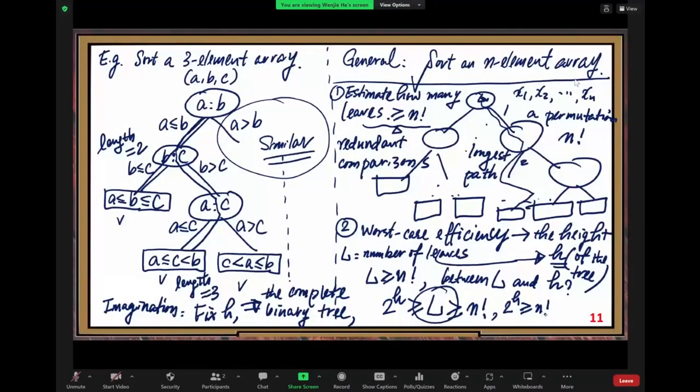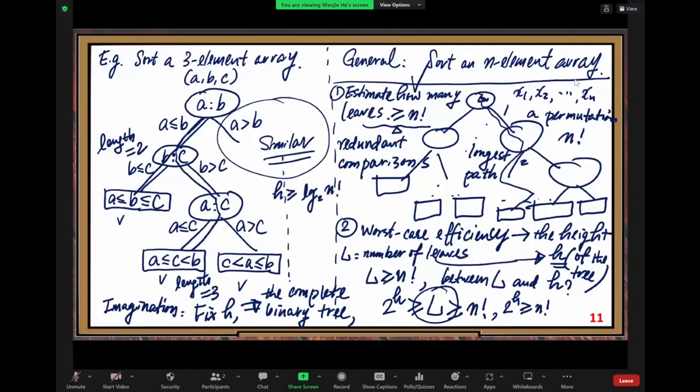Then we take log base 2 of both sides. So we get h greater or equal to log base 2 of n factorial, right?